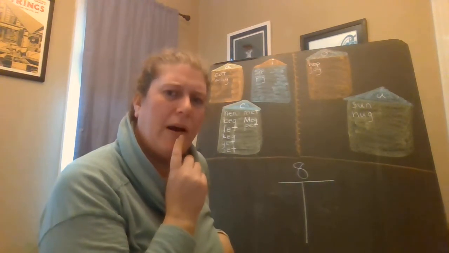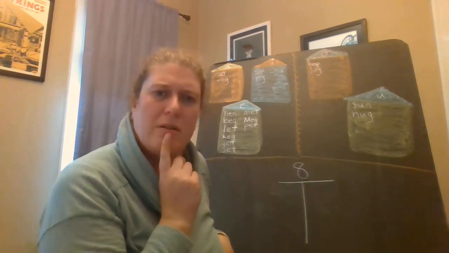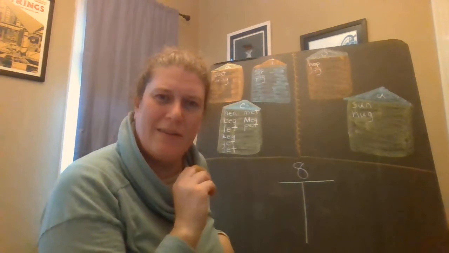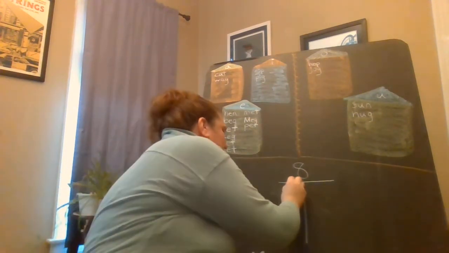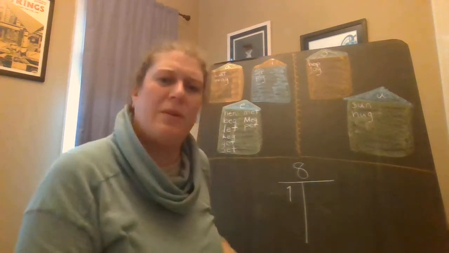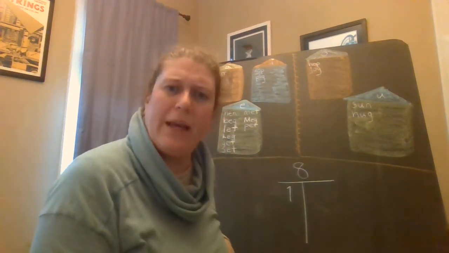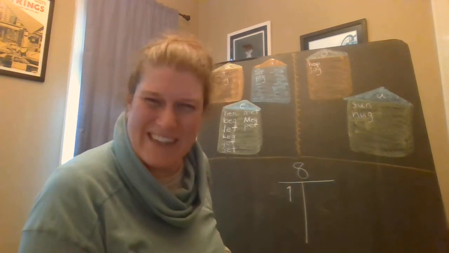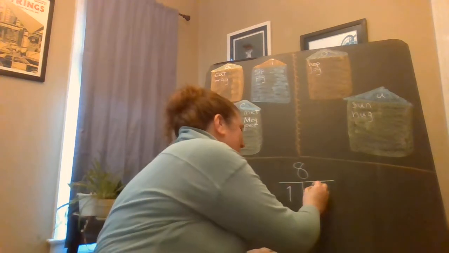Well, I'm going to start with the smallest number, 1. What goes with 1 to make 8? You know? Right, it's 7.